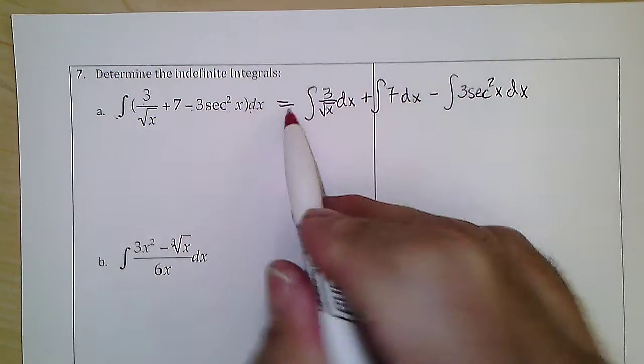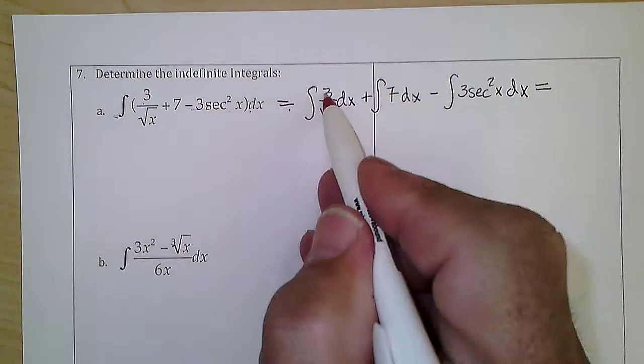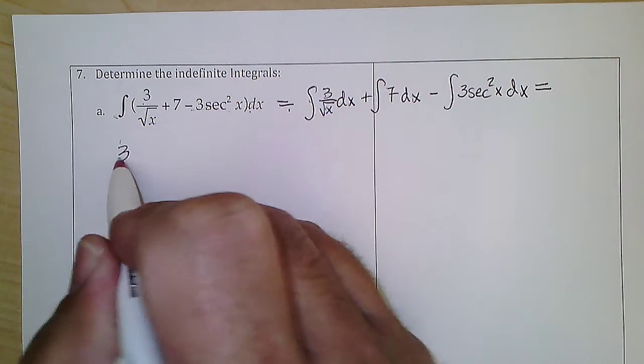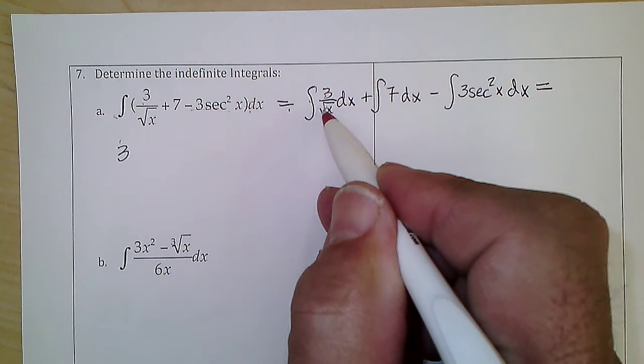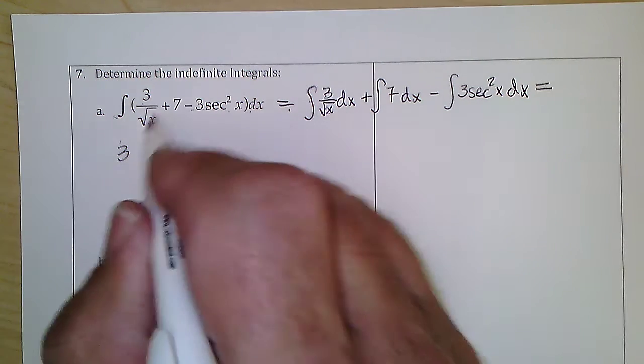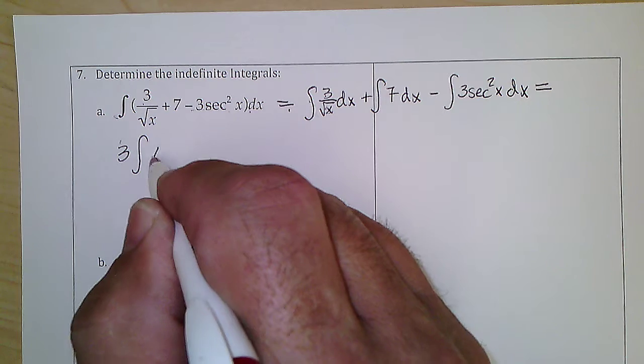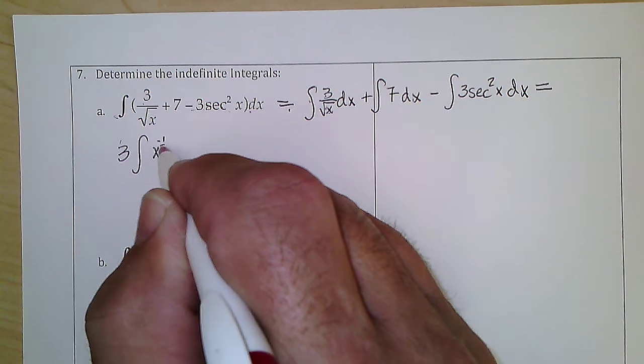Now I can pull constants out, and so then I'm going to get the 3 outside of this one. It's going to be 3, and I'm going to move the square root of x into the numerator, so it's going to be the x to the -1/2.